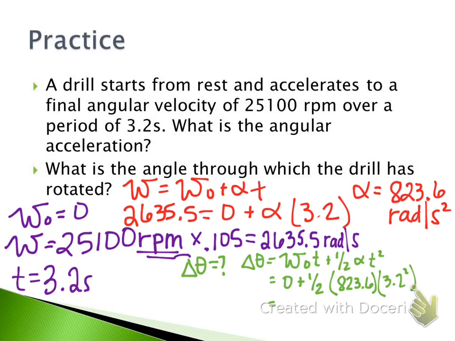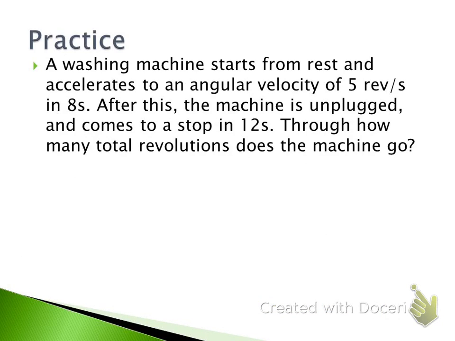After doing the math there, it gives us a theta value equal to 4,216.8 equals delta theta. Our unit for theta is always radians. It doesn't ask us for the number of revolutions or the distance traveled, so since it asked us for the angle, we were solving for theta, and our angle is in radians, so we can stop our answer right there.